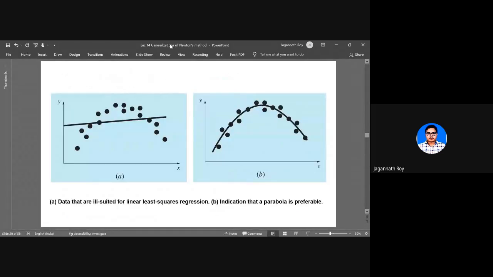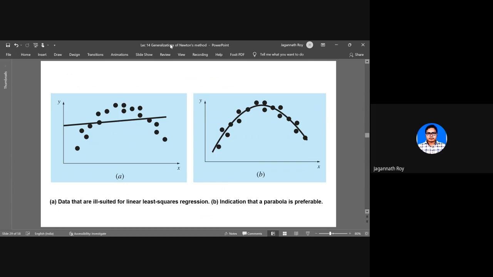Now there may be a situation like this. The data can be given in this form, but if you try to approximate with a line, it is not going to help us properly. So for that case, a curve, maybe a parabola, is a better approximation.